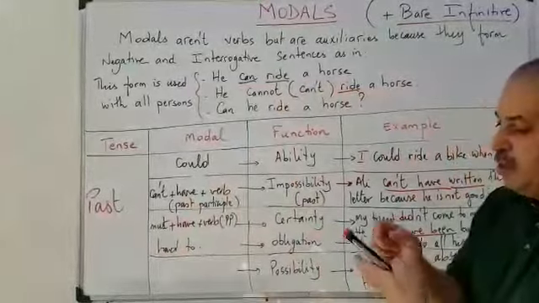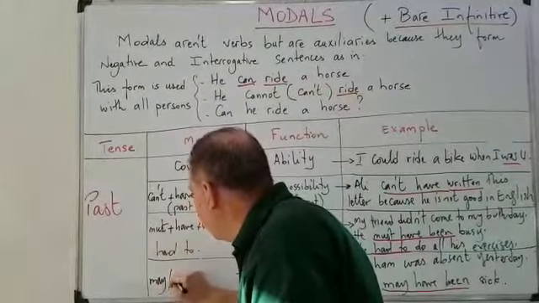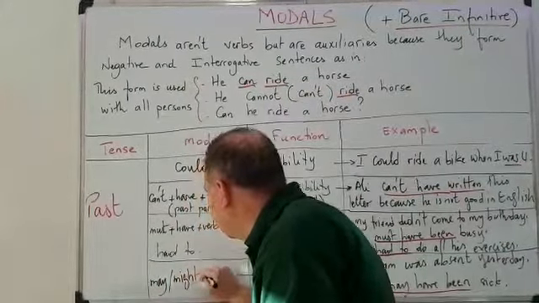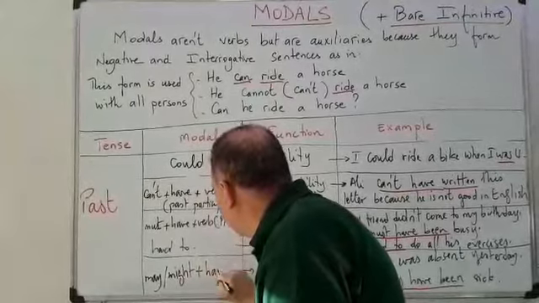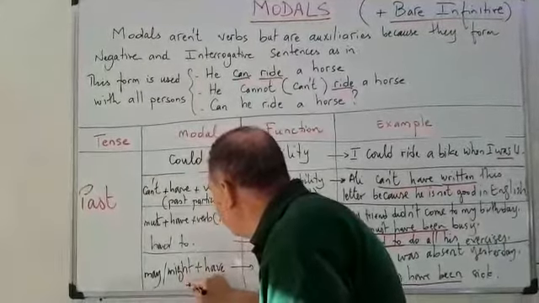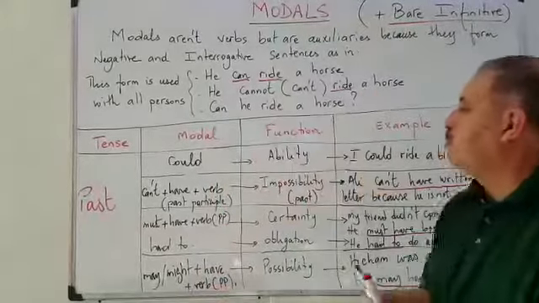So possibility in the past becomes may or might plus have plus verb in past participle.